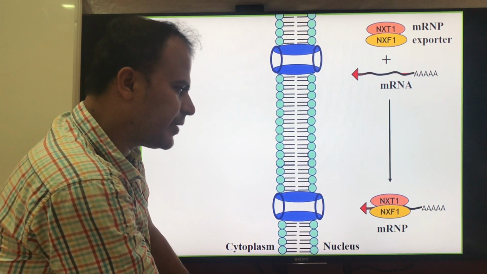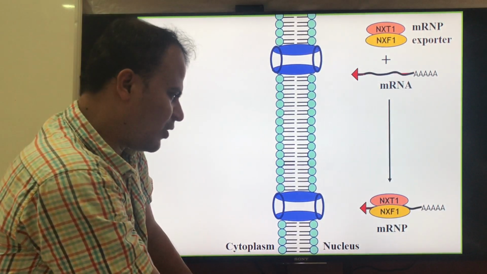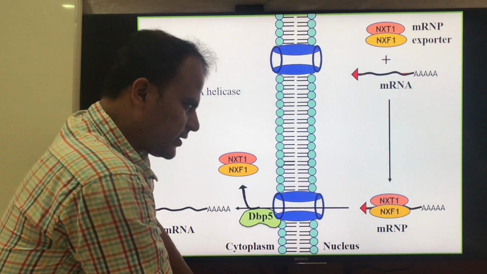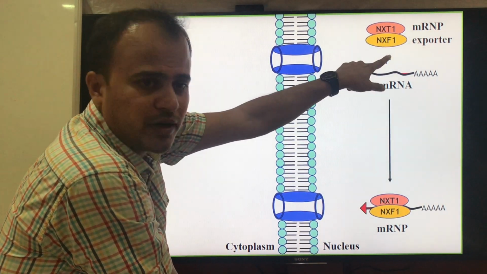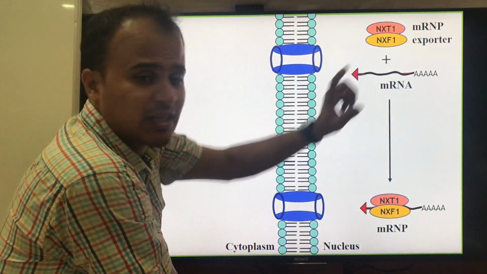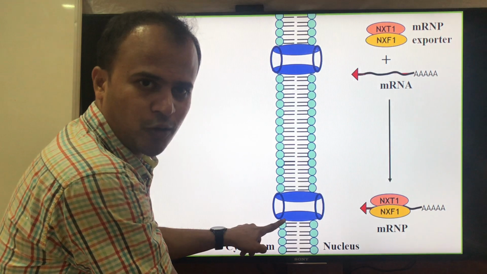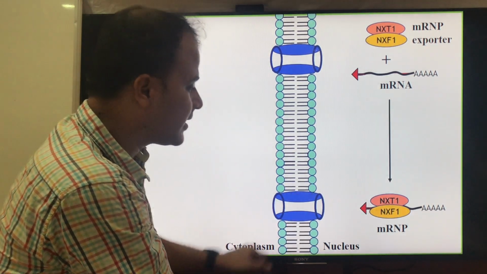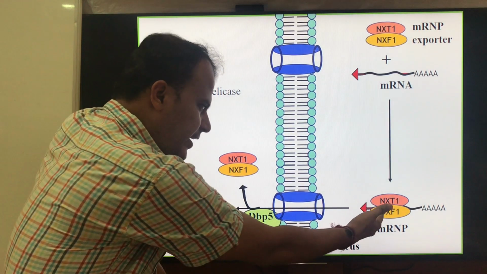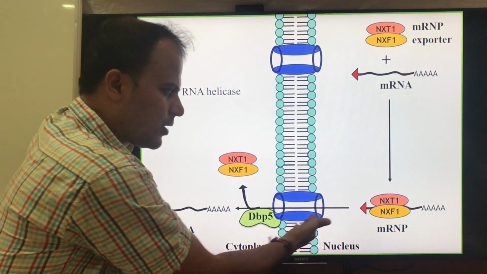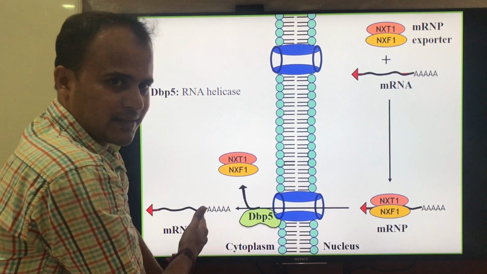This is ready to travel across the nuclear membrane. Now, to transport this, the subunits of the mRNP exporter protein interact with the FG nucleoporins present in the nuclear pore complex, and it begins to move towards the cytoplasm.